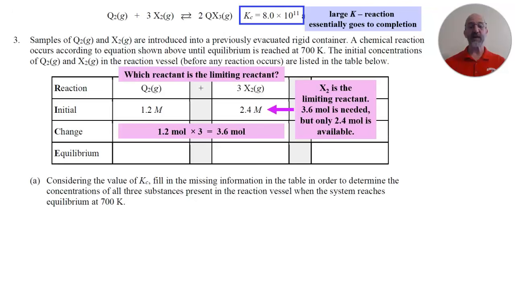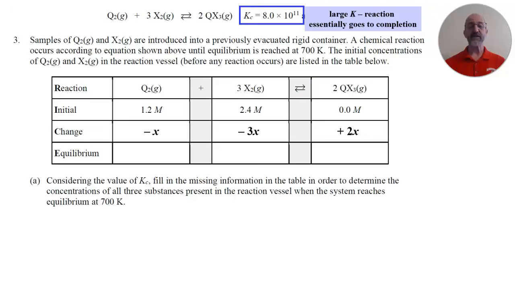So why is that important to identify the limiting reactant? It's because now I can fill in the RICE table based on that change in the amount of the limiting reactant. So instead of writing minus X, minus 3X, and plus 2X, I will focus on my limiting reactant, which, if it is consumed completely, will decrease by 2.4.